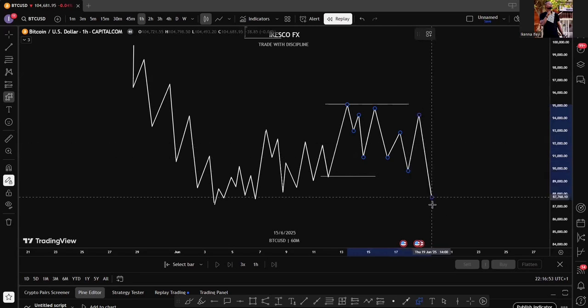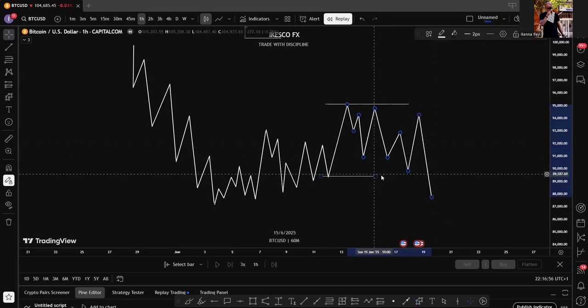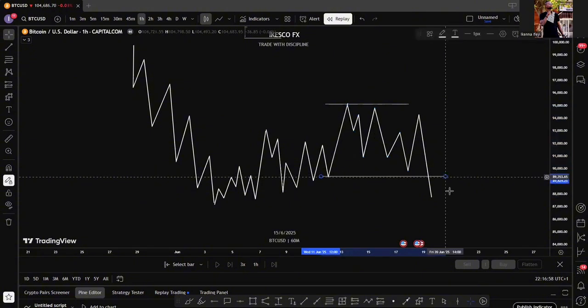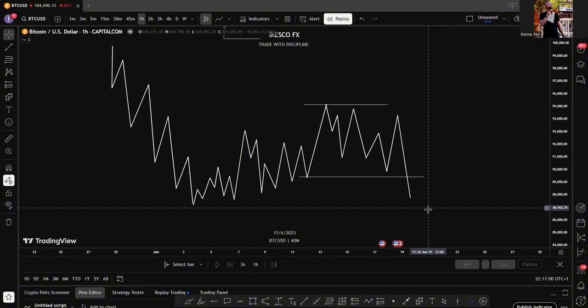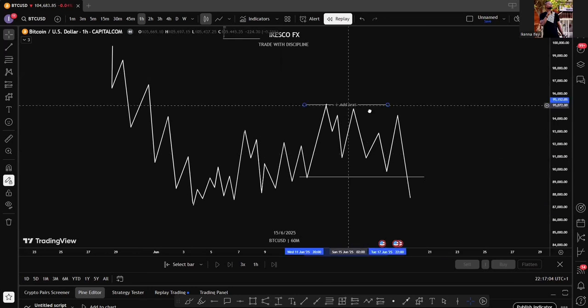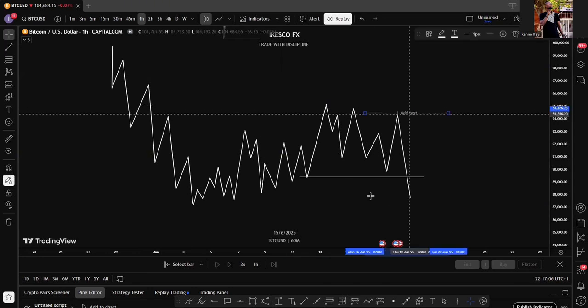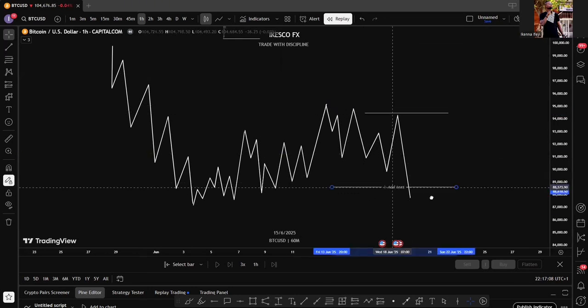Now, the market has changed character again, right? Now, where is our new low and where is our new high? Now, this is our new high and this is our new low.